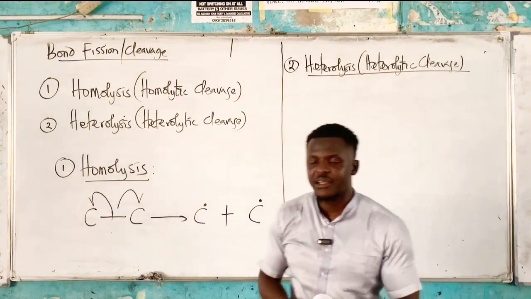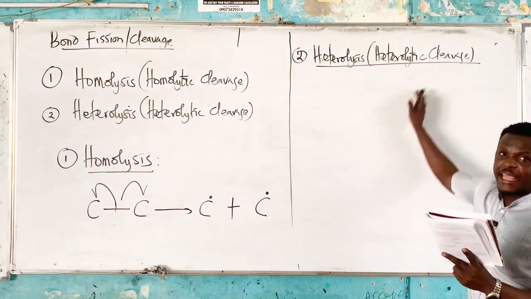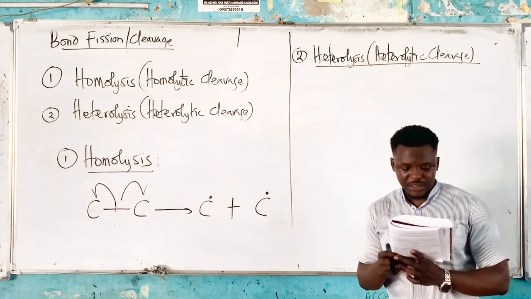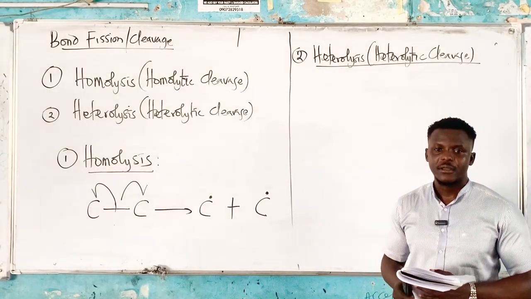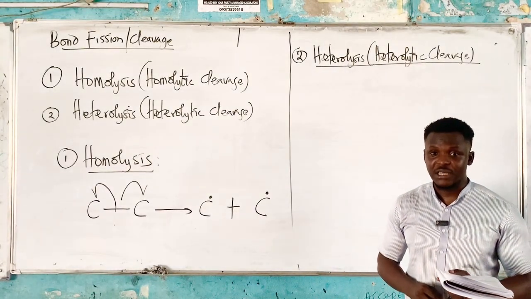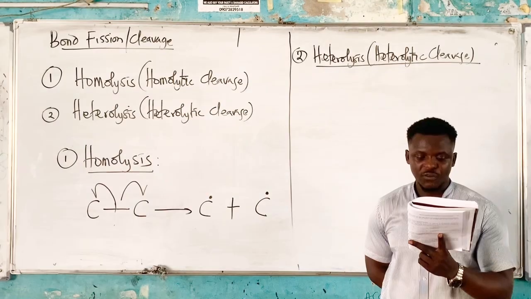Now the next one is heterolysis, or heterolytic cleavage. In heterolysis, the bond is cleaved in an unsymmetrical way. Cleaved means broken. Full stop.